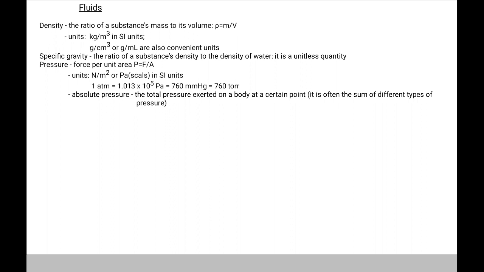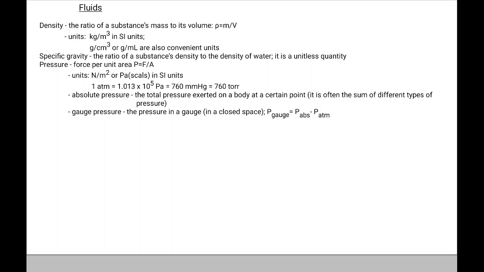So if we have, for instance, a block submerged in a fluid, then the absolute pressure on that block will be the pressure of the fluid surrounding it, but that fluid has atmospheric pressure at the top. So the atmospheric pressure that's pressing on the fluid will press on the object inside the fluid as well.